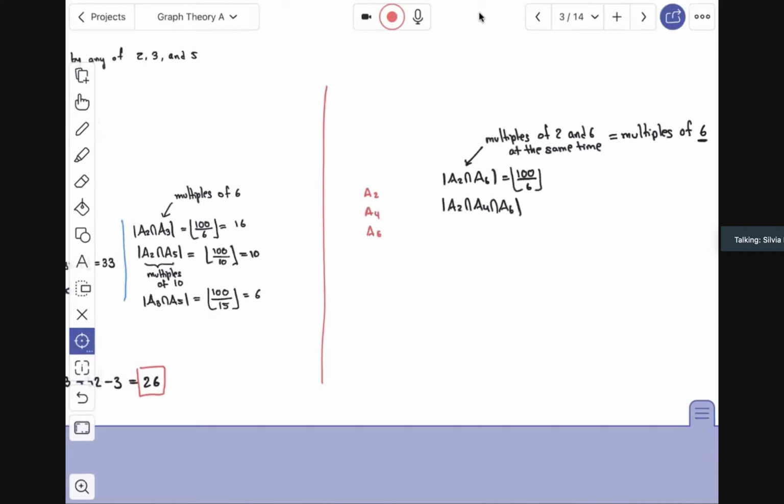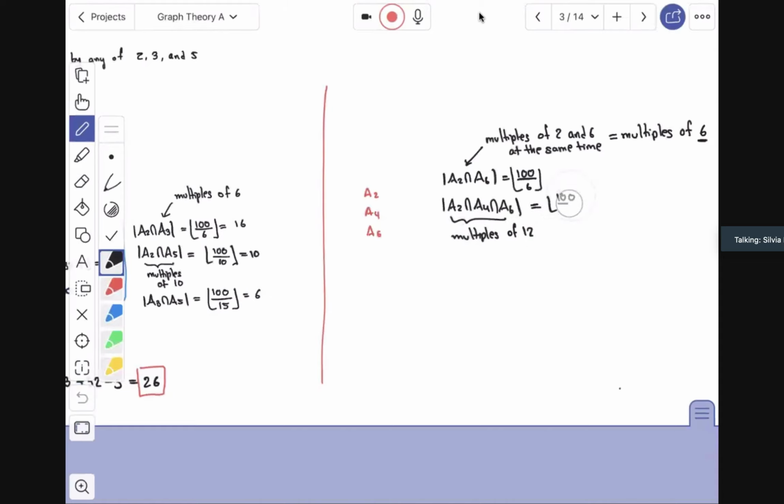Every multiple of 12 is a multiple of 2, also a multiple of 4, and also a multiple of 6, and vice versa. Anything that's a multiple of these 3 is a multiple of 12. So, multiples of 12. And so this would be 100 divided by 12. In general, this is just the least common multiple of 2, 4, and 6.